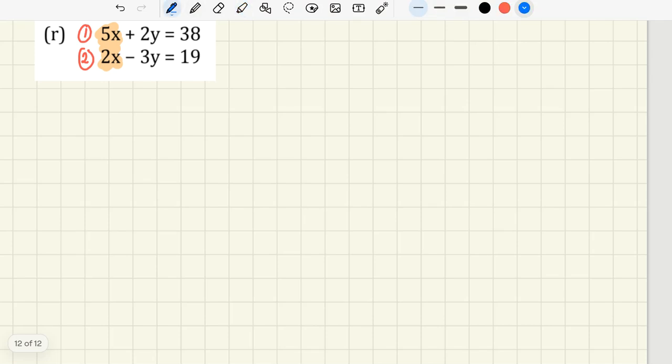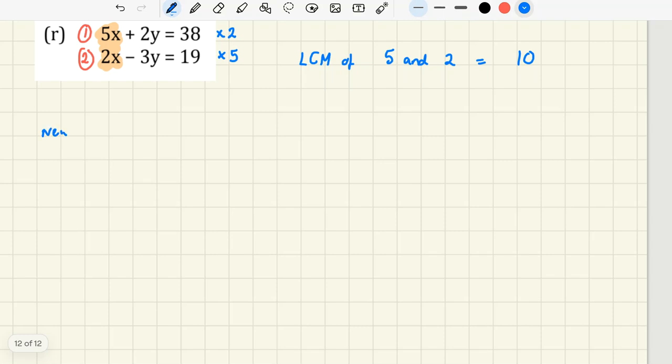So I need to find the lowest common multiple of 5 and 2, and that is 10. So times by 2, times by 5.